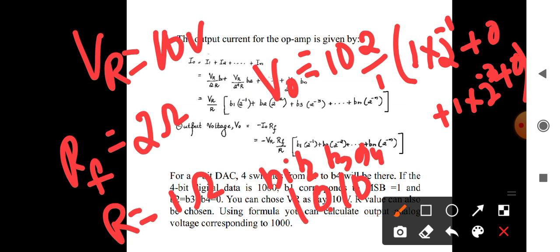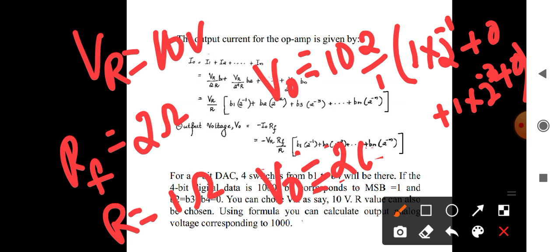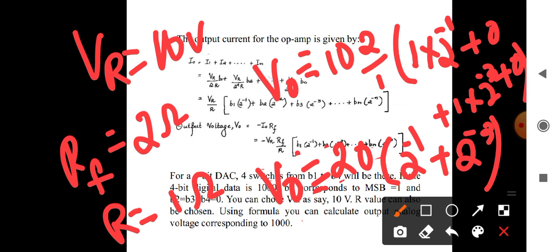So if you calculate this, we will be getting the value like this. V out will be equal to 20 into 2 raised to minus 1 plus 2 raised to minus 3, that is 20 into 1 by 2 plus 1 by 8.